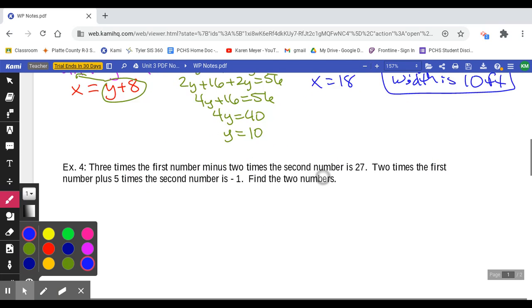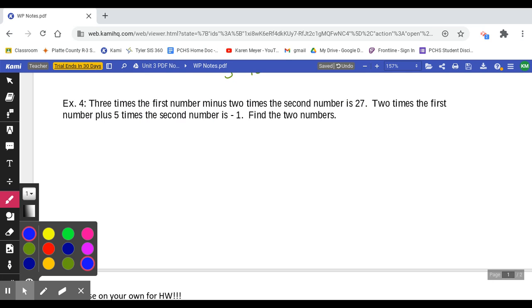All right, one more. On this last one, it says 3 times the first number minus 2 times the second number. So we're talking about a first number and a second number. So I'm going to let x be my first number, and I'm going to let y equal my second number. So 3 times the first number, well, that would be 3 times x, so 3x.